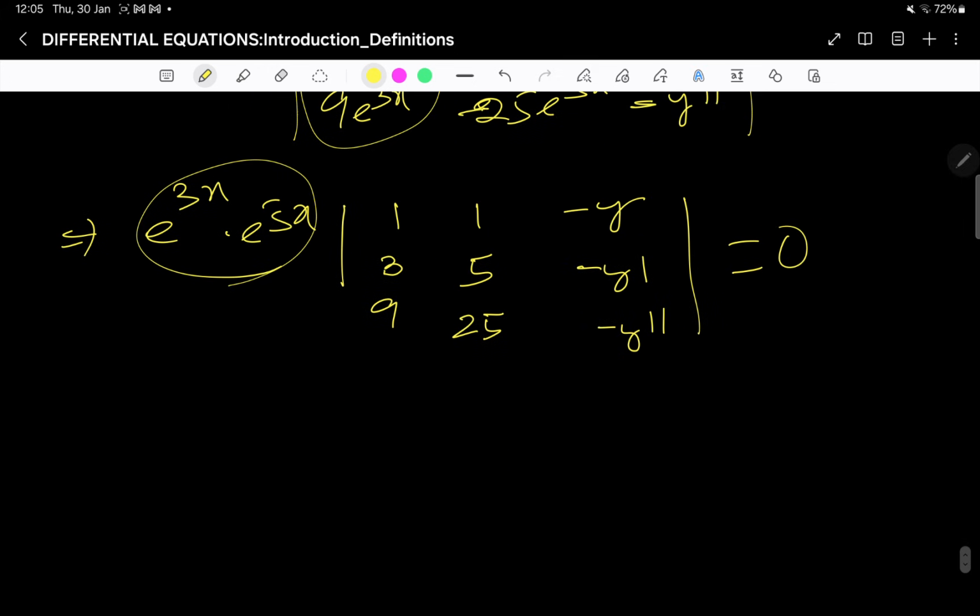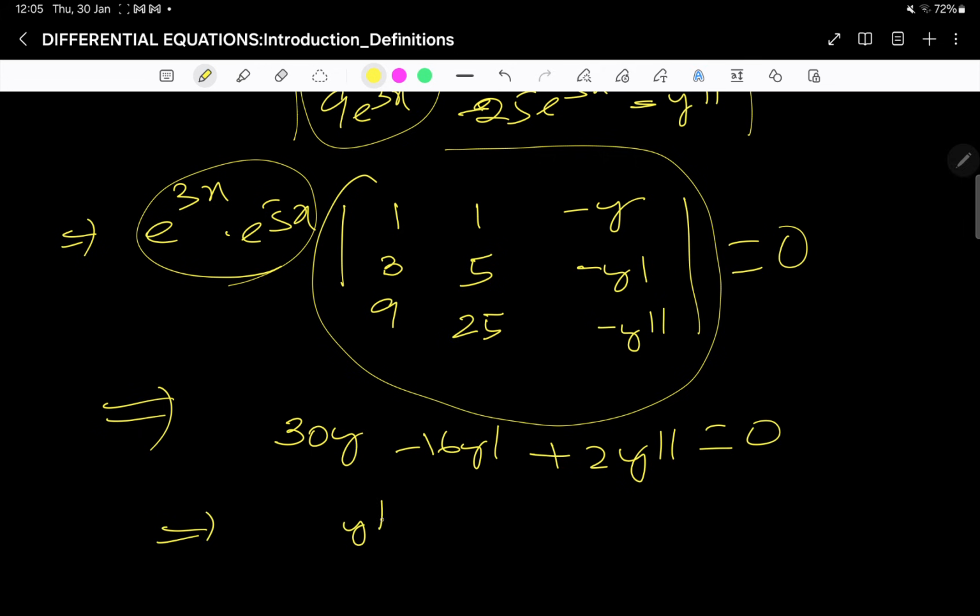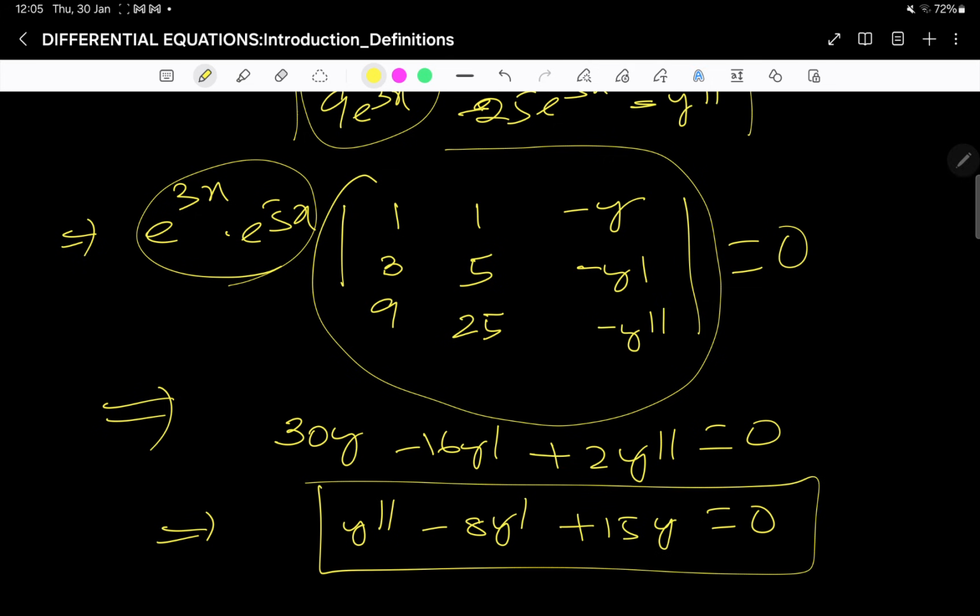Okay, now taking this to the right hand side, it is 0. So now just evaluating this determinant, I will get 30y - 16y' + 2y'' = 0, or simplifying, y'' - 8y' + 15y = 0. So this is the desired differential equation.